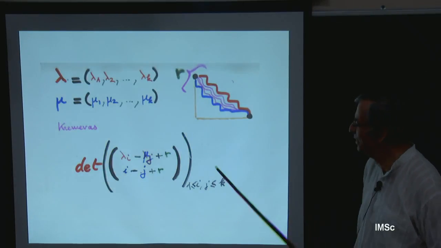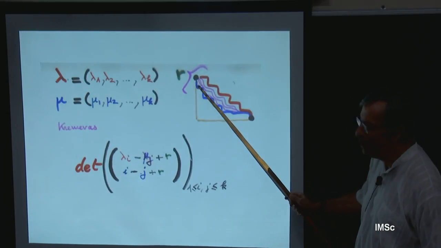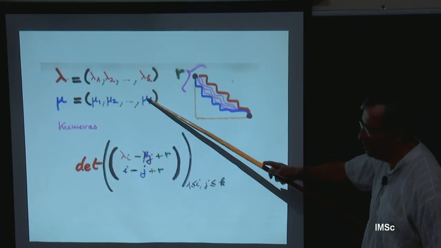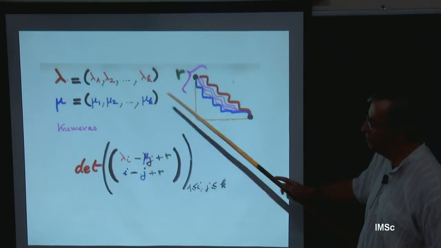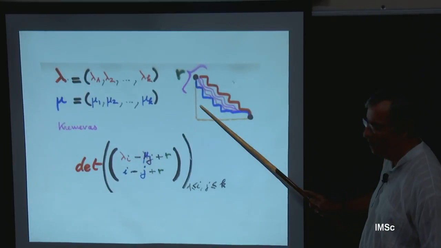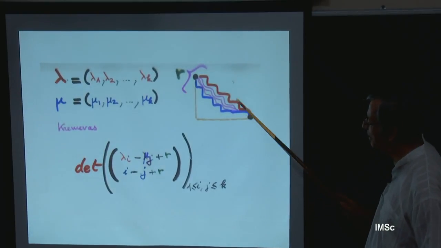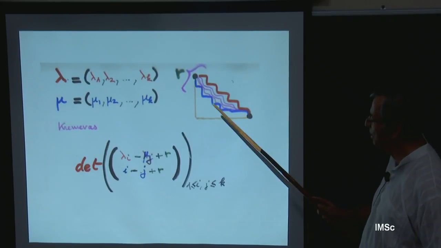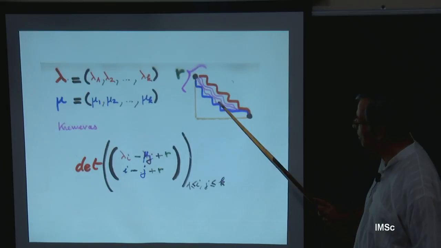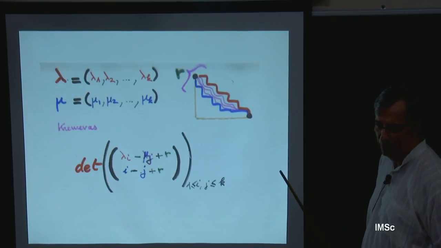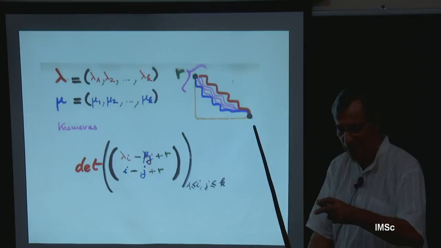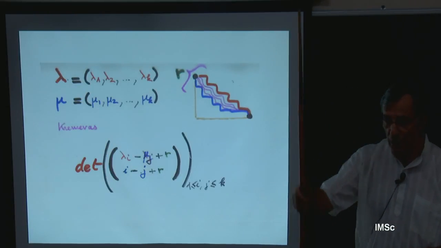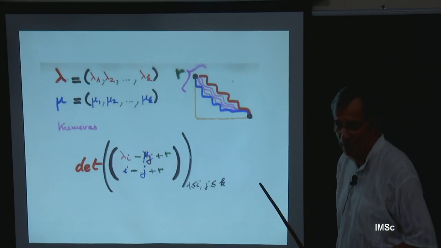There is an extension. Instead of taking the number of paths below a given path, Kreweras considered two partitions, the red and the blue, lambda and mu, and you want to know how many sequences of paths, or how many sequences of Ferrers diagrams with a certain number of terms, R terms, which are between the blue and the red. So it's like in the Young lattice: I am taking an interval of the Young lattice, and I want to count the number of chains of given length in it.